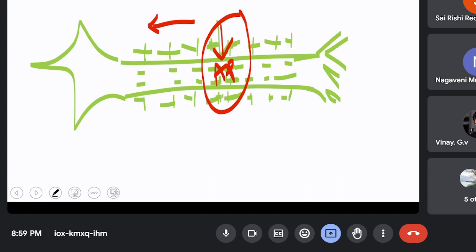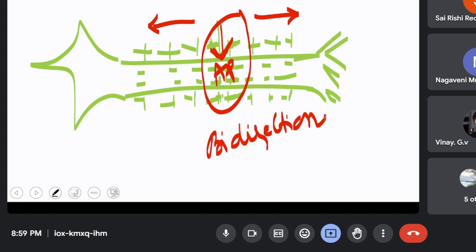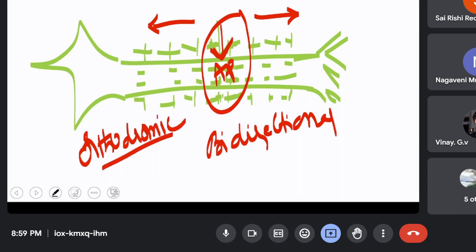So the propagation can occur in this direction or in this direction. Whenever the stimulus occurs, the wave of physiological activity can be bidirectional. It occurs in both directions. But scientists say that it is unidirectional. That means it is orthodromic in direction.